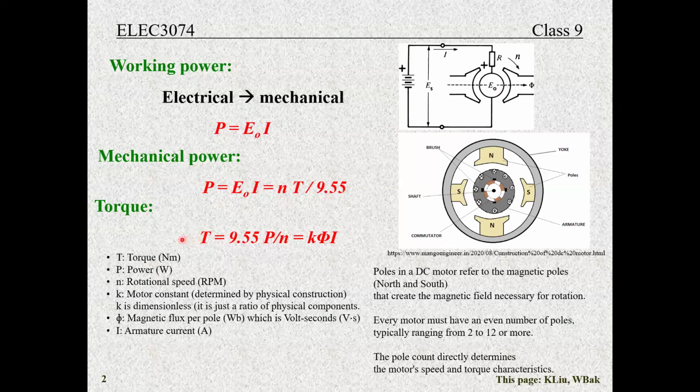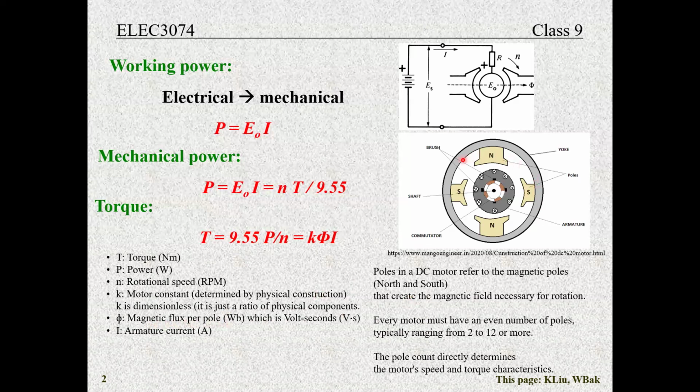From that formula, we can derive that the torque is 9.55 times power divided by the speed, which is equivalent to K times phi times I. The K is a specific motor constant, which is determined by the physical motor construction, and we're also going to go over that. And the phi is the magnetic flux per pole.